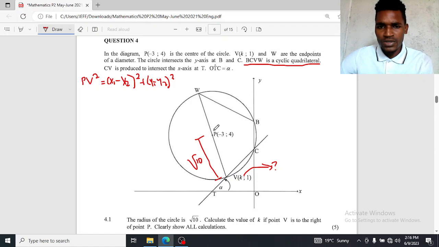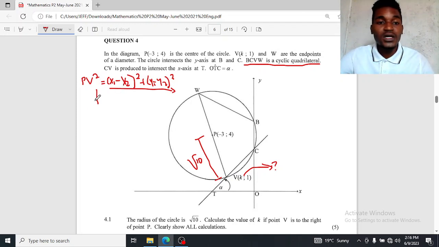So we're going to substitute these two points P and V, not forgetting that one of our x values is going to be K, and we know that PV squared is root 10 squared. When we substitute that, you can pause the video and do it by yourself and confirm that the value of K will be equal to -4 and -2.